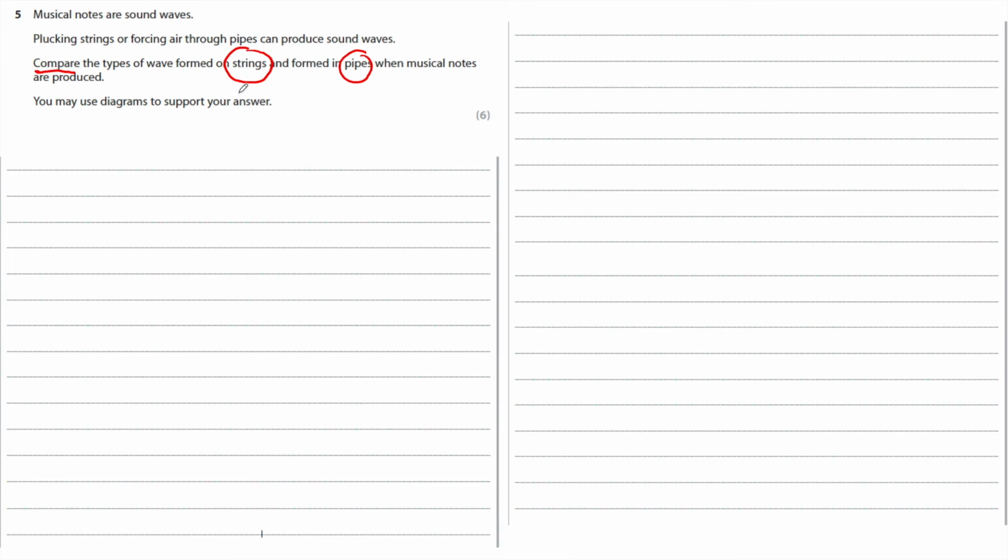They're produced when the string or air resonates. And they both produce standing waves. And you could also say that the harmonics they produce change the tone of the note. So those would be the maximum number of similarities. I'm going to bullet point those first, and then we'll look at the differences.